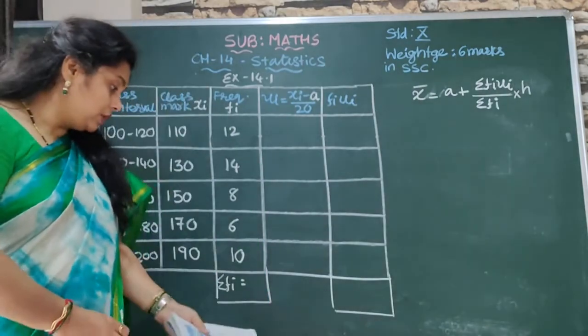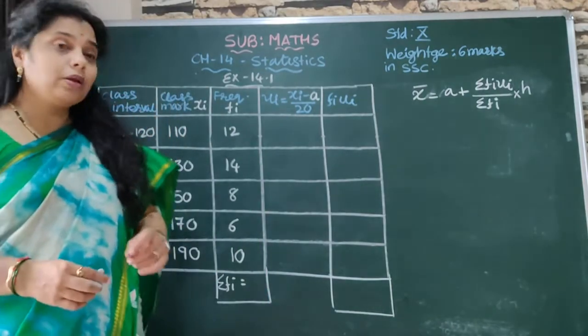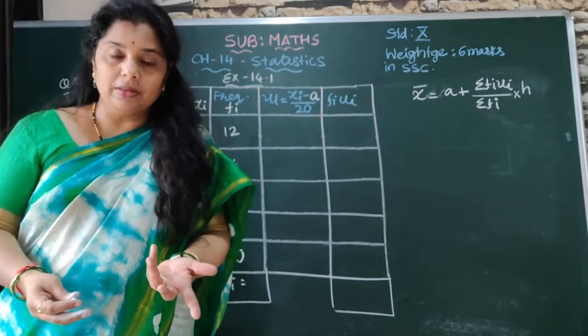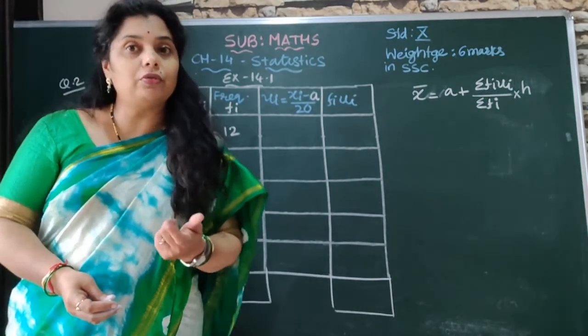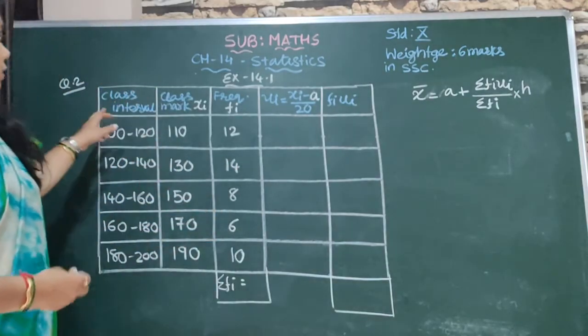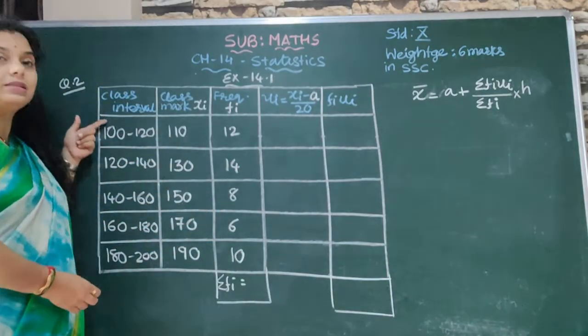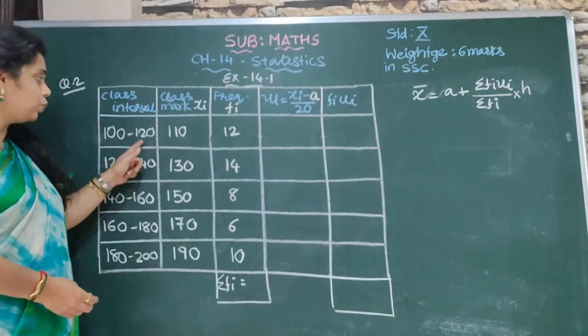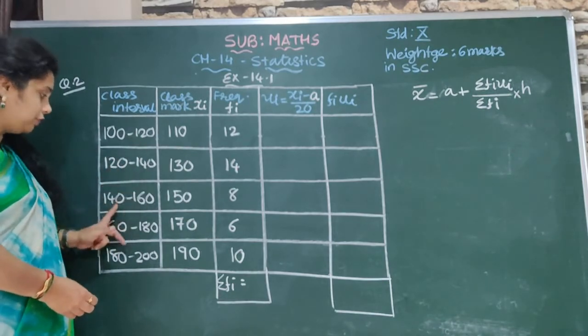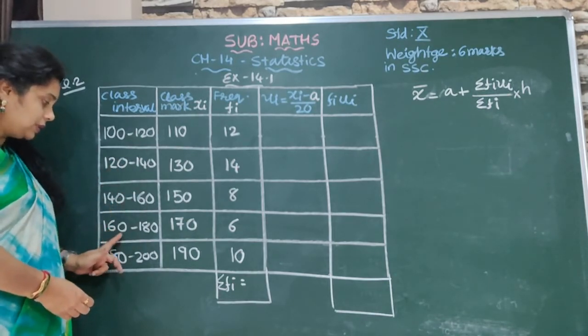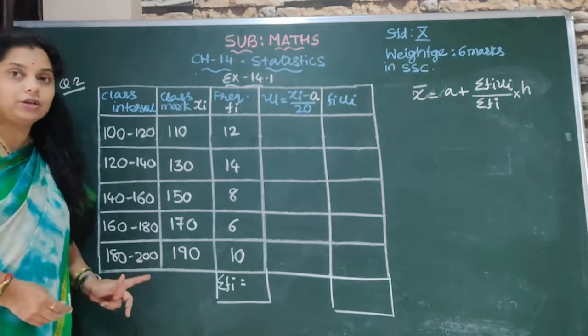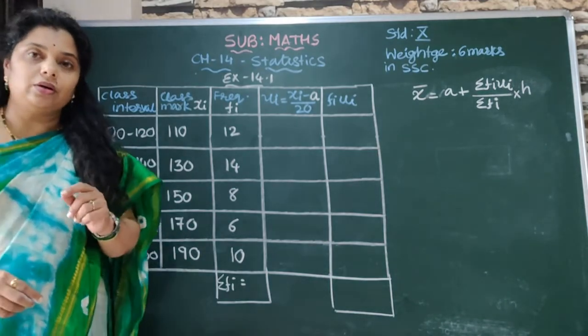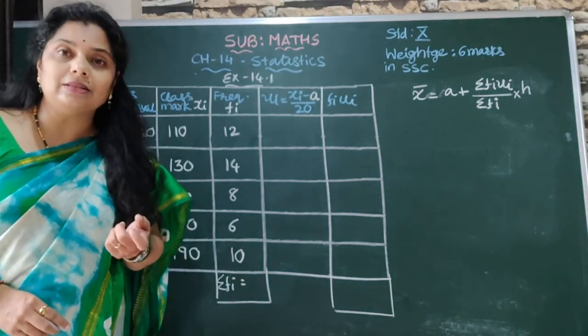Each and every person's point of view may be different. So what is our point of view? Let's see. Here, as you see, the class intervals are 100-120, 120-140, 140-160, 160-180, 180-200. The class interval, or class length, is the same.